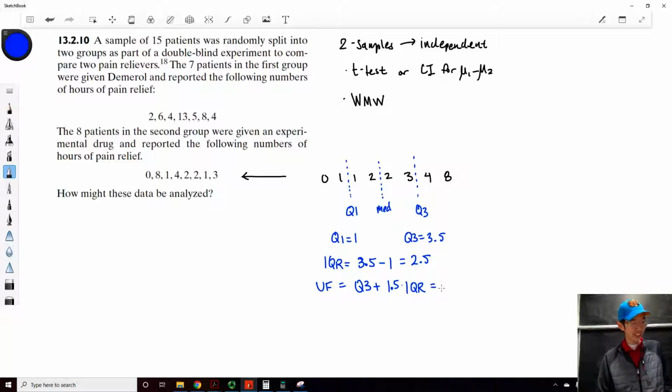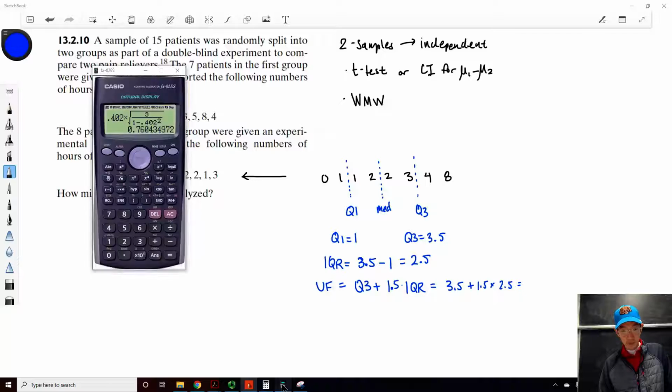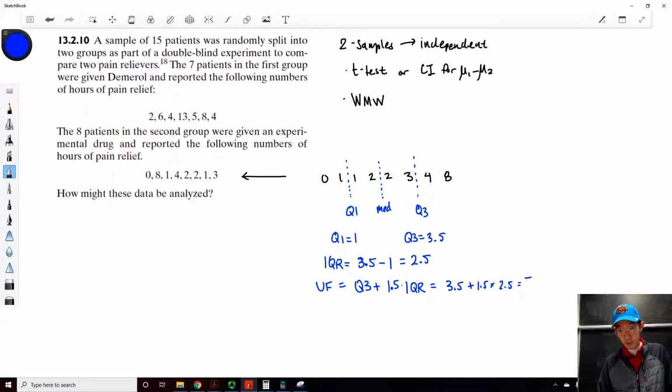So we're going to do 3.5 plus 1.5 times 2.5, and that is 7.25. So technically 8 is an outlier.